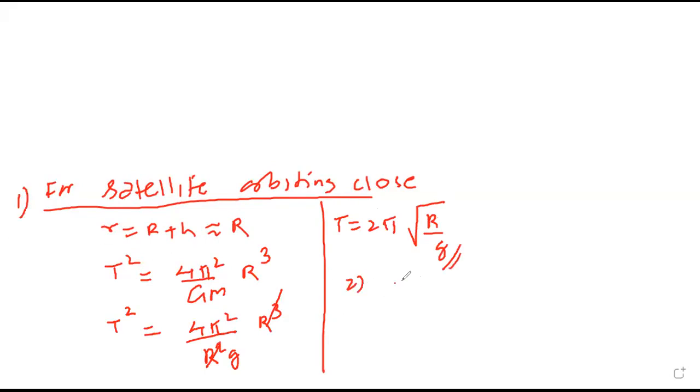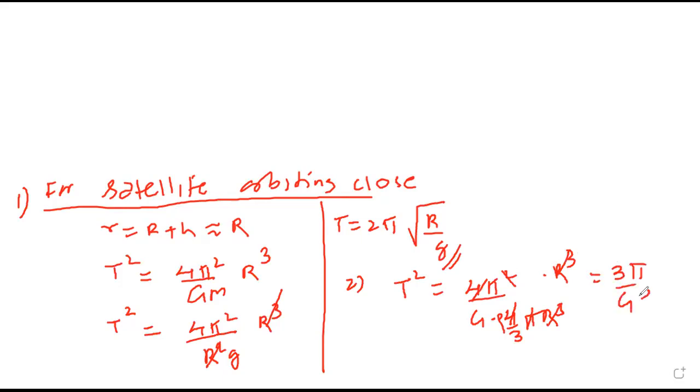Second point: T square is 4 pi square upon G, mass is density into volume, 4 by 3 pi R cube, into R cube. So 4 pi cancel, R cube cancel. This will become 3 pi upon G rho.